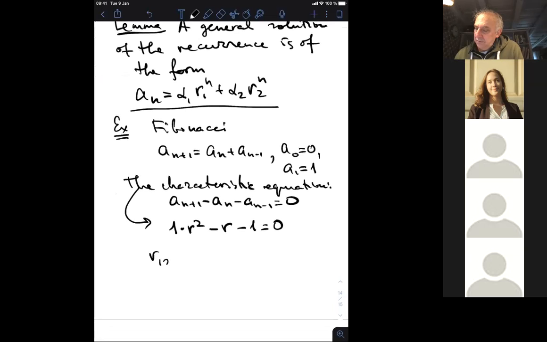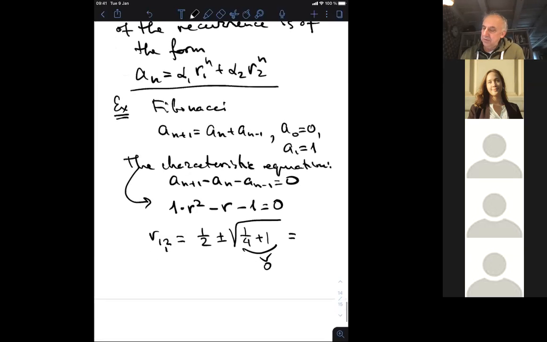So what kind of roots does it have? Using the PQ formula, r is 1/2 plus minus the square root of 1/4 plus 1. So this is positive, and we're in the situation with two real zeros. We get 1 plus minus the square root of 5 divided by 2.